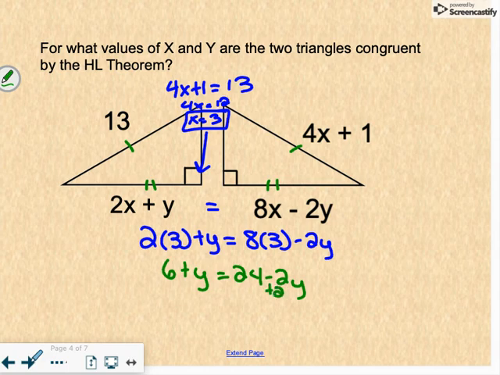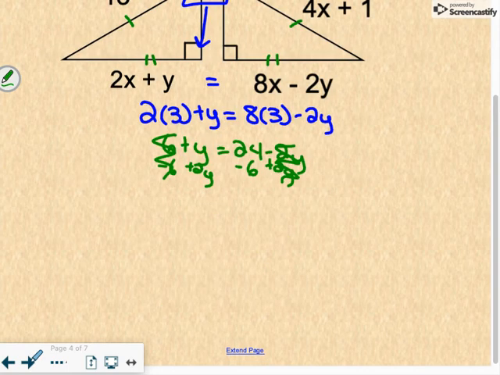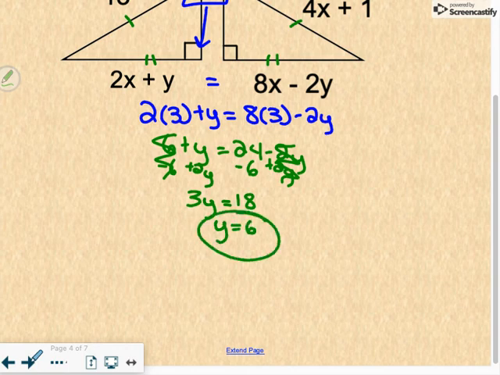I add my 2y over here, I subtract my 6. So we get 3y is equal to, if we take 24 minus 6, we get 18. So y is equal to 6. So we find our y to be 6 and our x was 3.